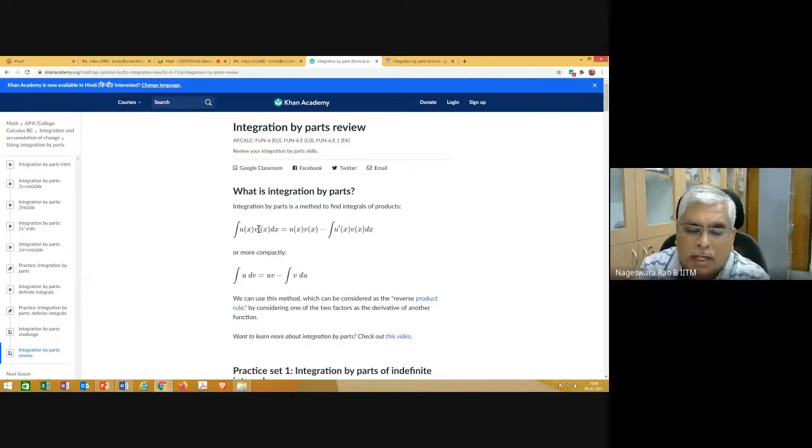V prime is nothing but first derivative of v with respect to x. So a product of u times first derivative of v with respect to x, you are trying to integrate. Okay? And that can be written like this.